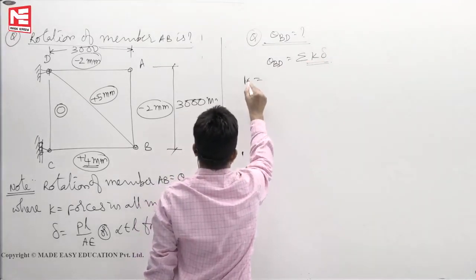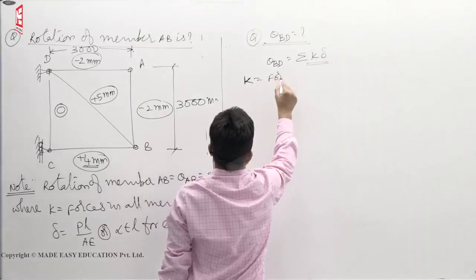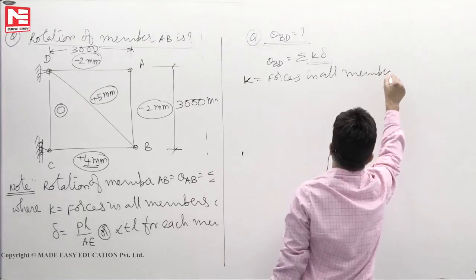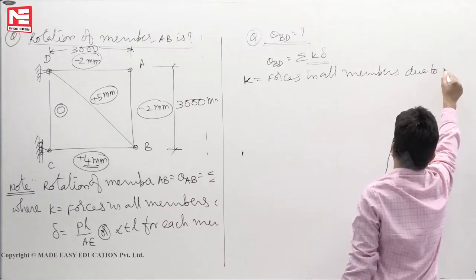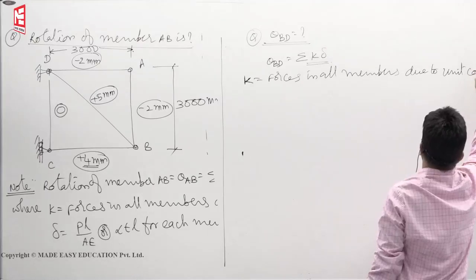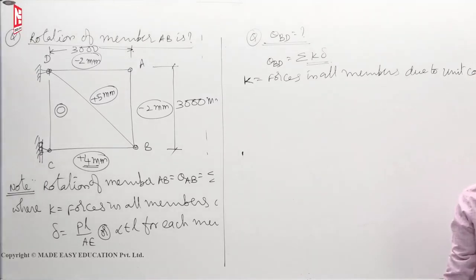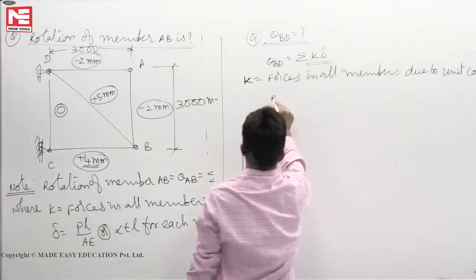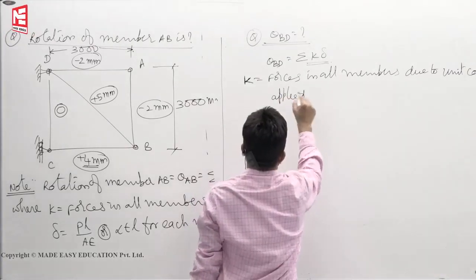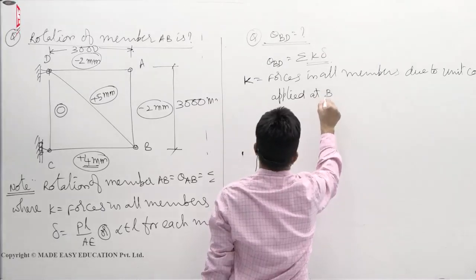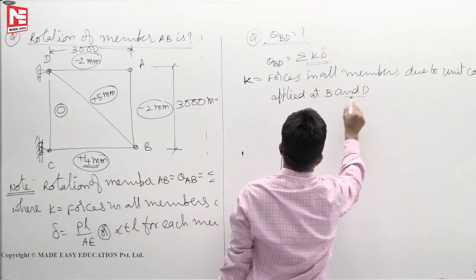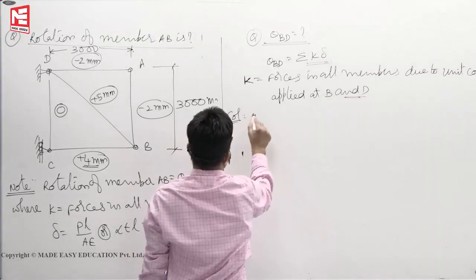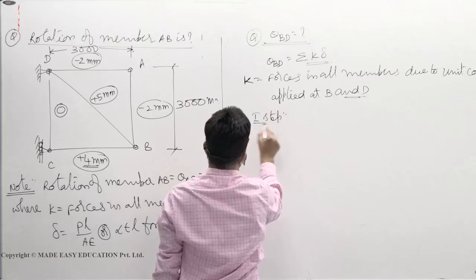K stands for forces in all members due to a unit couple applied at B and D. Delta is already given. So the first step is the K values.